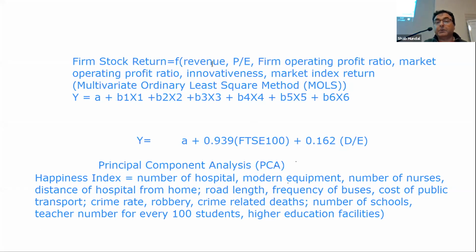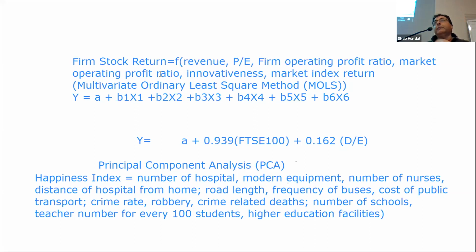If you look at revenue, the firm operating profit ratio and the market operating profit ratio, are they not accounting performance variables? So had I used principal component analysis, I could have combined them into one variable as accounting performance variables, isn't it?